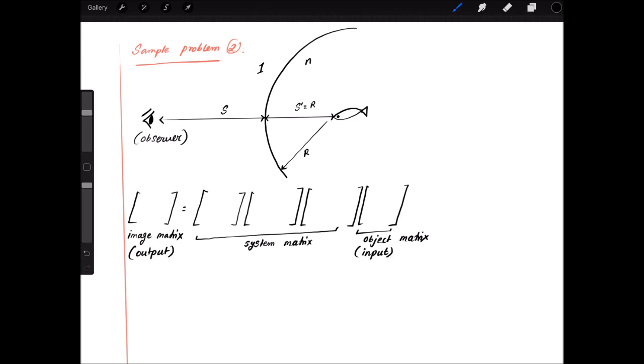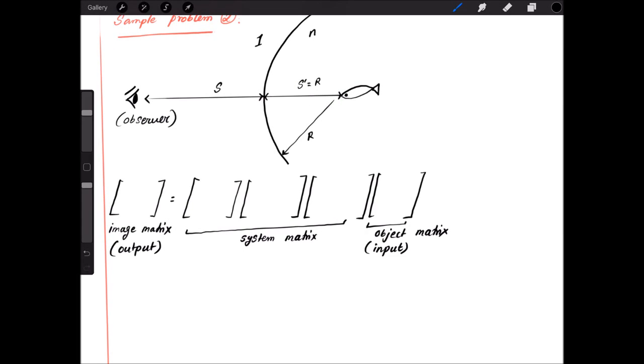In the case of an imaging condition, the output matrix is nothing but the image matrix, and the input matrix is the object matrix. So let me write the image matrix as n_i alpha_i x_i. I stands here for image, not to be confused with input, and the object matrix as n_o alpha_o x_o. Again, o stands for object.